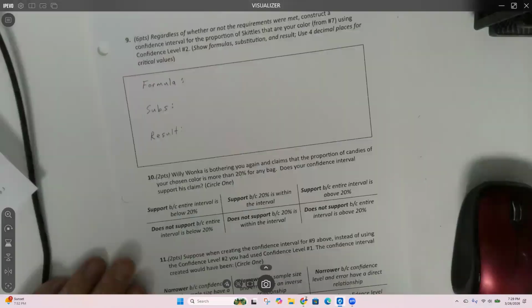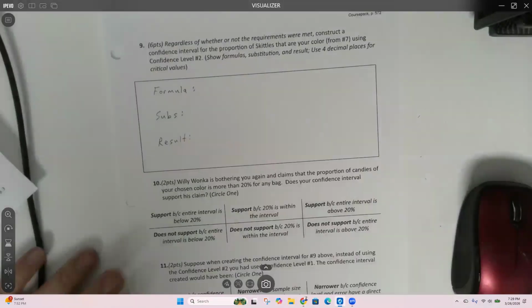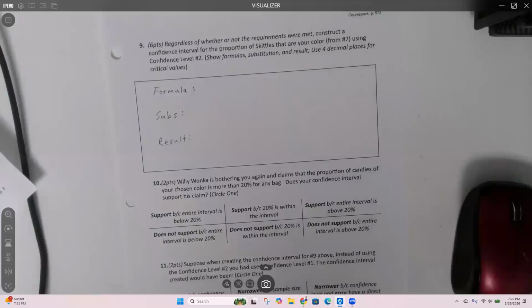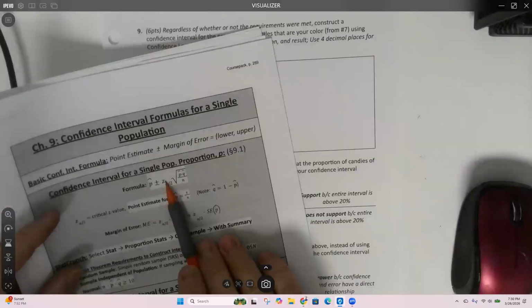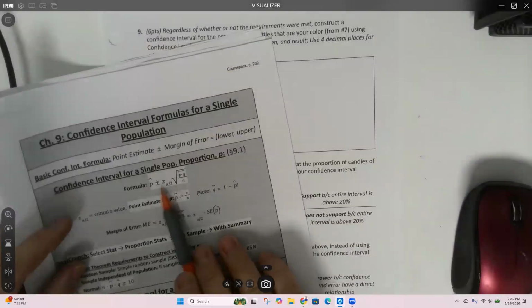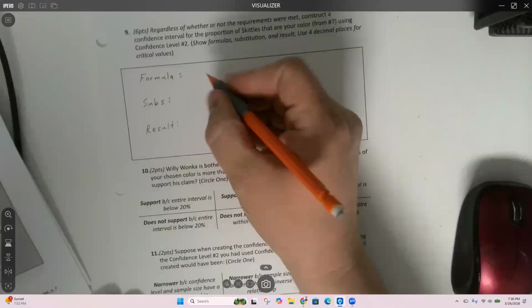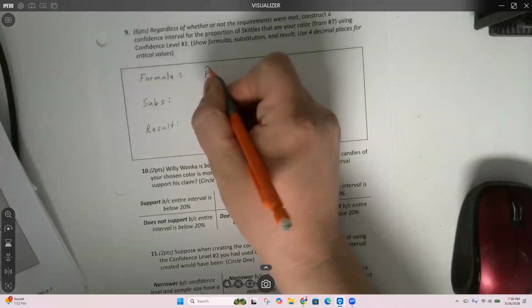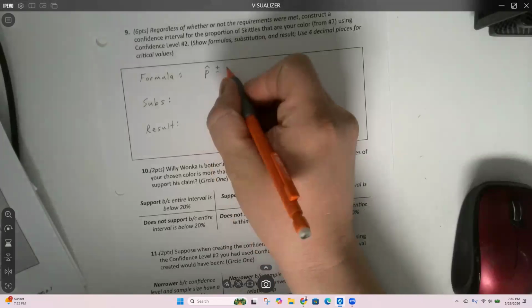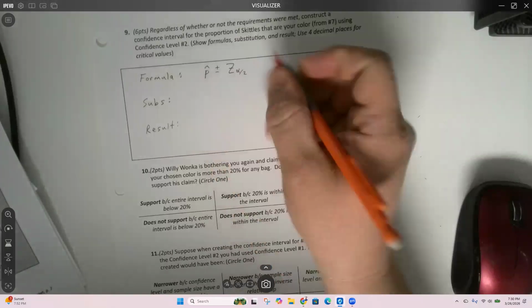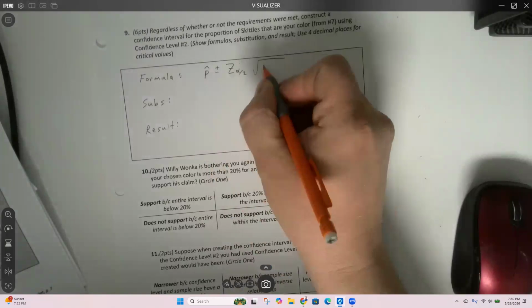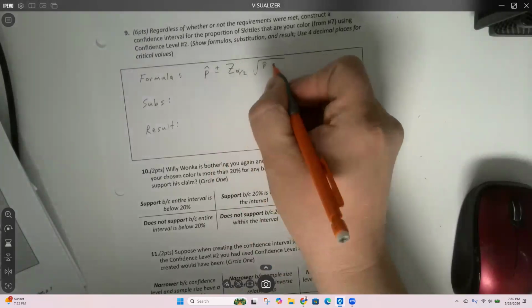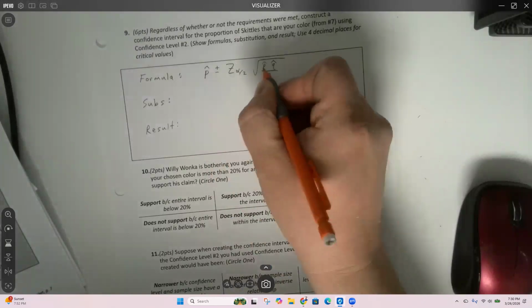The formula is the same formula that we had before. On page 259, we're just going to copy that down: p hat plus or minus z alpha over 2 times the square root of p hat q hat over n.